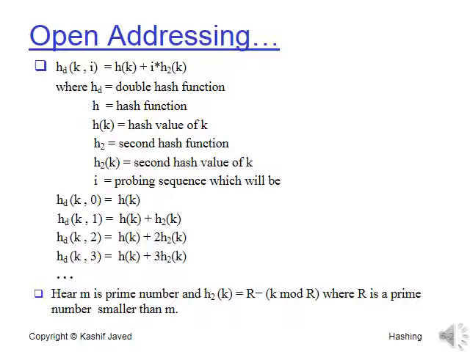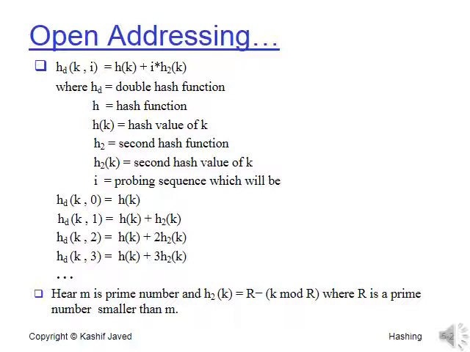Variable i is your probing sequence. For i equals 0, the double hash function equals the hash function h of input k. For i equals 1, it equals the hash function plus the second hash function.